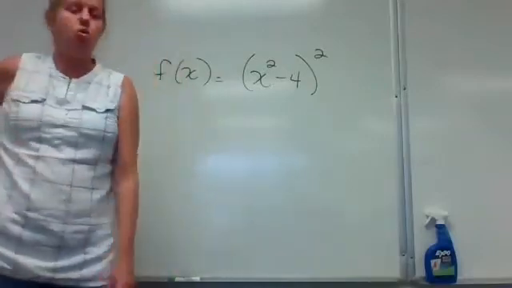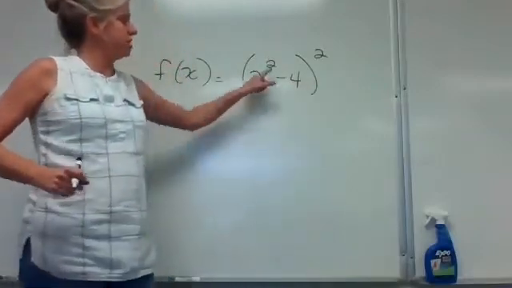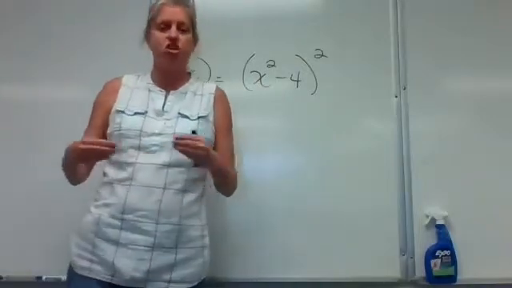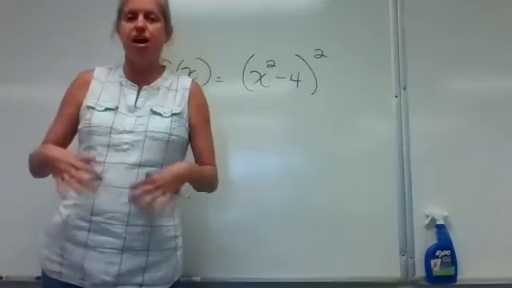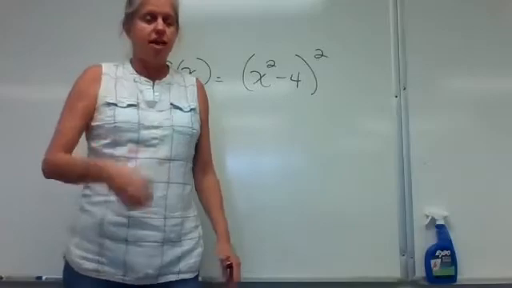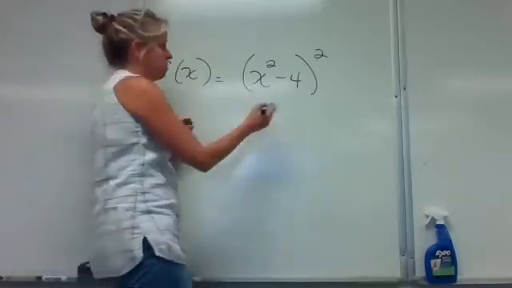Okay, what you're looking for is any kind of parentheses that has a squared in it. That means it's not all the way factored out. That means you need to simplify it or take it and factor it another step. Okay, just like what we were doing just a minute ago.